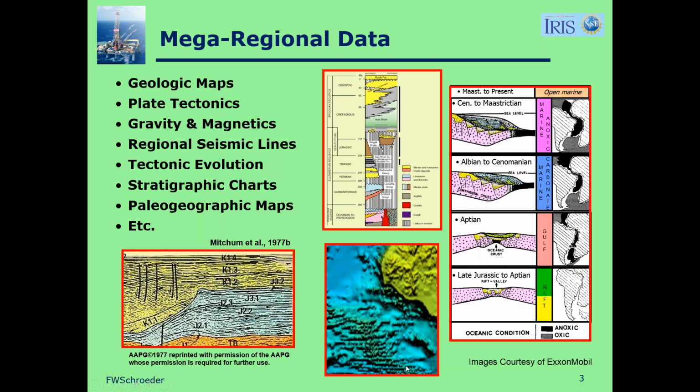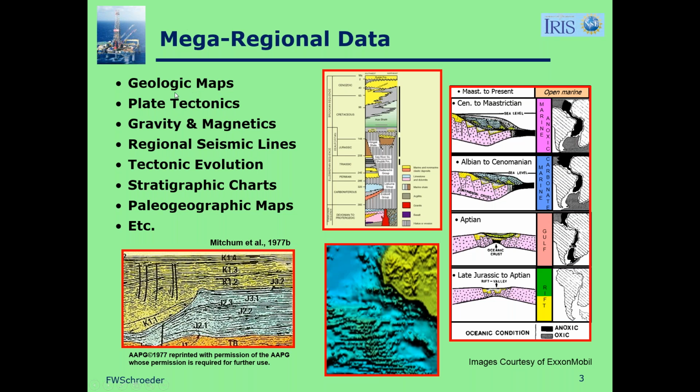So lecture 2 is about regional data. When we're looking at an area, especially in the early exploration phase, we want to capture as much information as we can about the basin we're looking at and the hydrocarbons that may or may not be present there.